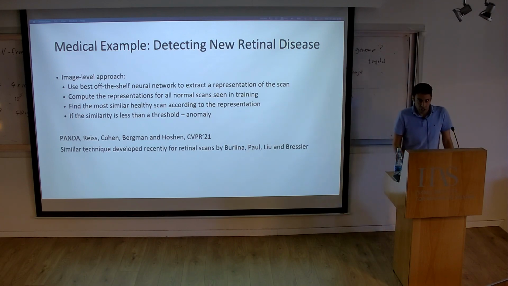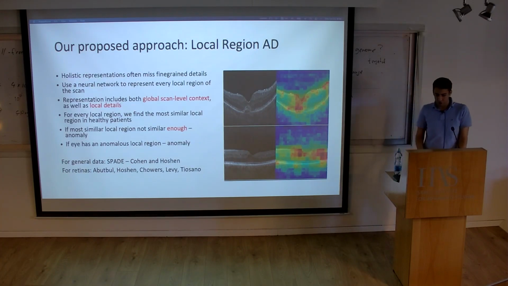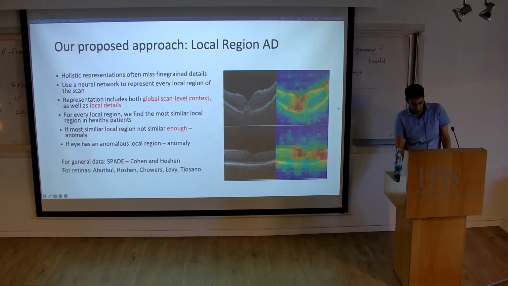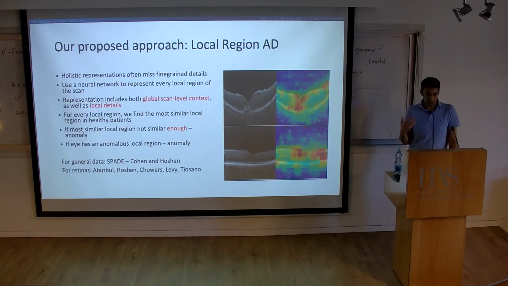So here you can see some examples of the anomaly segmentation that we performed on the retina. You can see that it was able to detect the diseased part of the retina. And the nice thing is that this was not actually trained on any retinal scans that had diseases. It was just trained on healthy retinal scans, and it could take a new retinal scan and indicate, one, whether it had a disease or not.